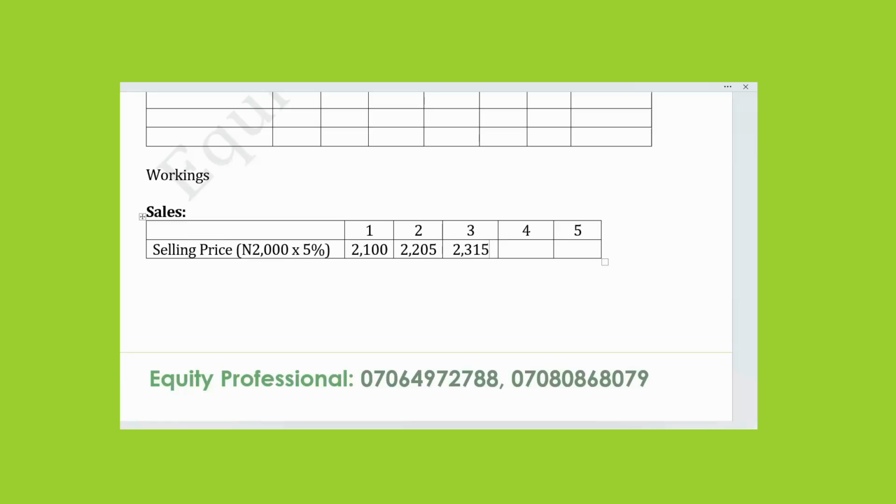You are using the answer you have in your calculator to multiply with 1.05. You continue like that until the final one. So don't round it. Year 4, what do you have? 2,431. Year 5. 2,553.